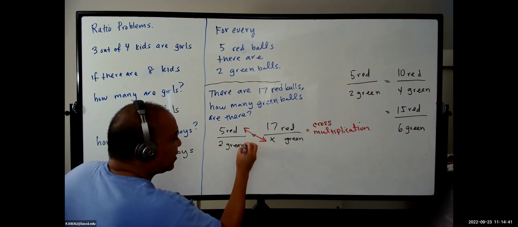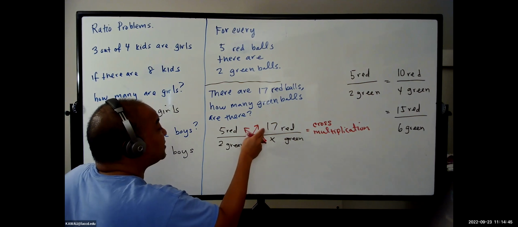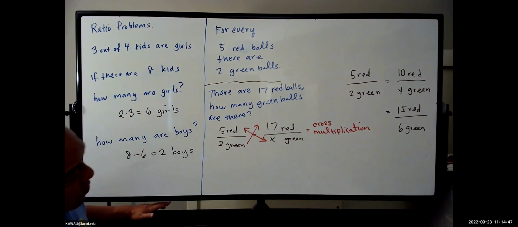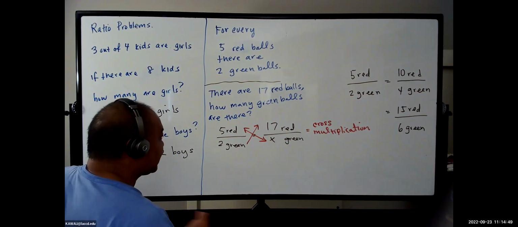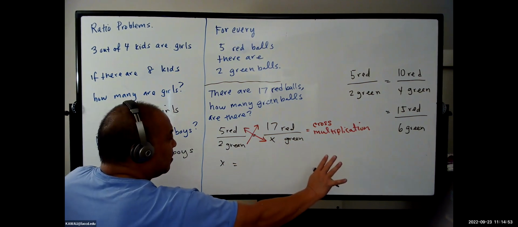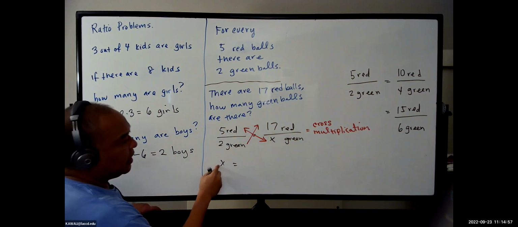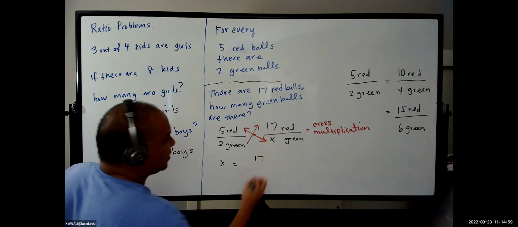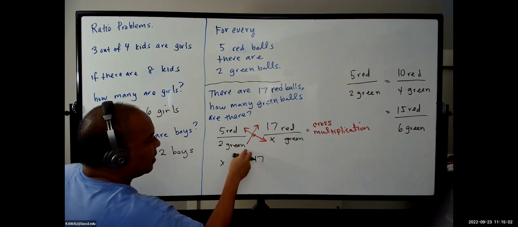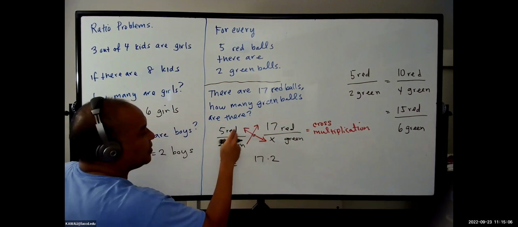And then this diagonal, I can bring the 2 up there. I have the option to bring this down there, but I don't want to. The reason why is that I want this to look like X is equal to something. So my X is down here, I'm going to bring it up here. And then I have the 17, I'm going to keep it on that side. The 2, from on this side, has to go up. And then the 5 goes down.